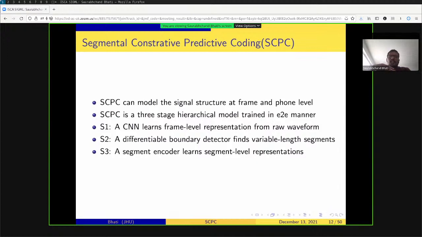The second stage is a differentiable boundary detector, which takes in the frame level representations and finds the variable length segments from the utterances in a batch. And the third stage is how do we use these segments to learn segment level representations, and how do we ensure that they are capturing the language model at phone level.